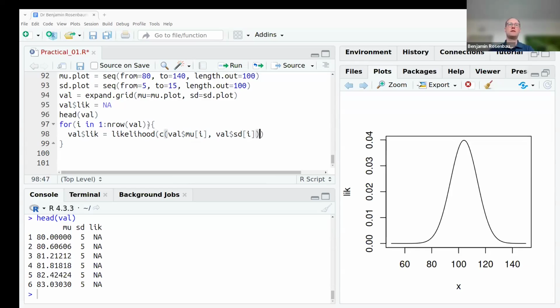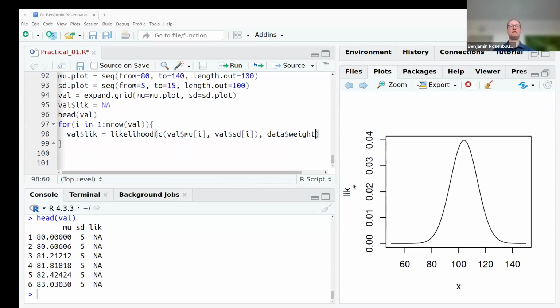So for each row, I will extract both of these values and put them in the likelihood function. The likelihood function also has to know the data. And I think that's it.